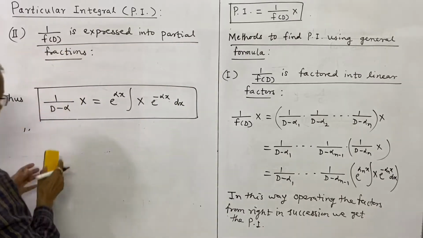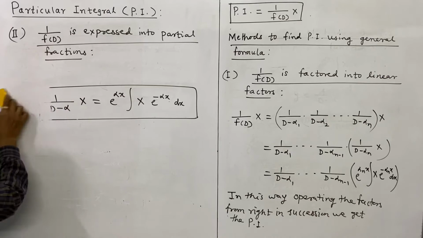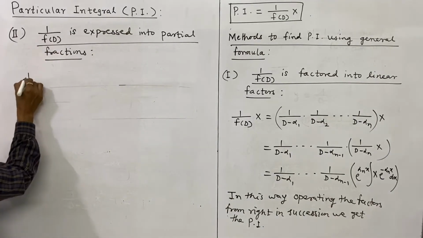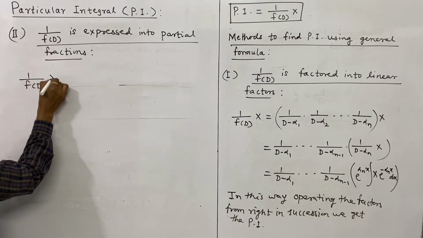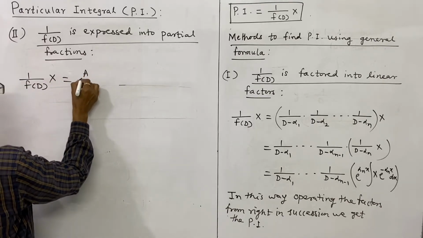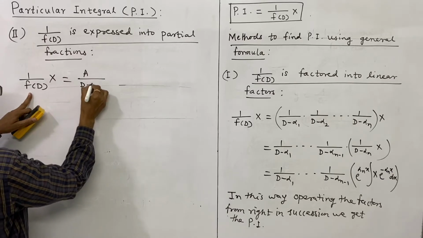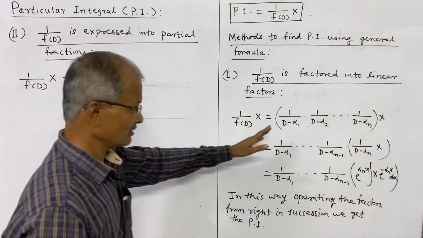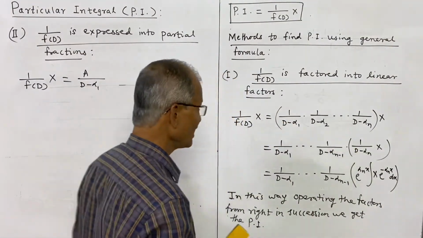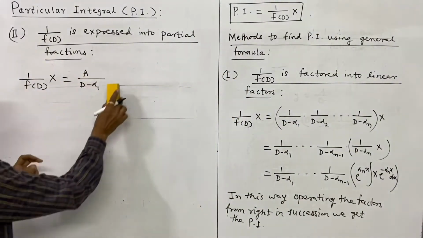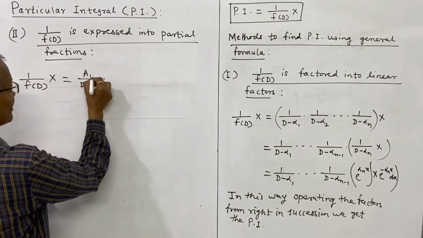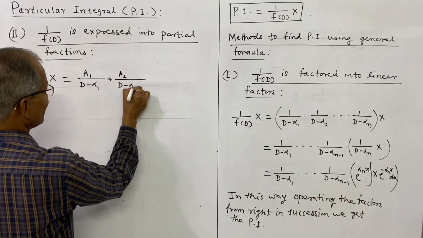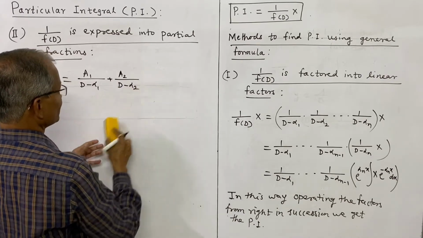In this case we should remember this result. 1 upon f of D operated on X will be written as, suppose the partial fractions of 1 upon f of D are A1 divided by D minus alpha 1. The factors we are assuming are the same, these are the factors, and we express this in partial fractions, where these constants we shall denote by A1, A2, and so on. A2 divided by D minus alpha 2, and plus so on.